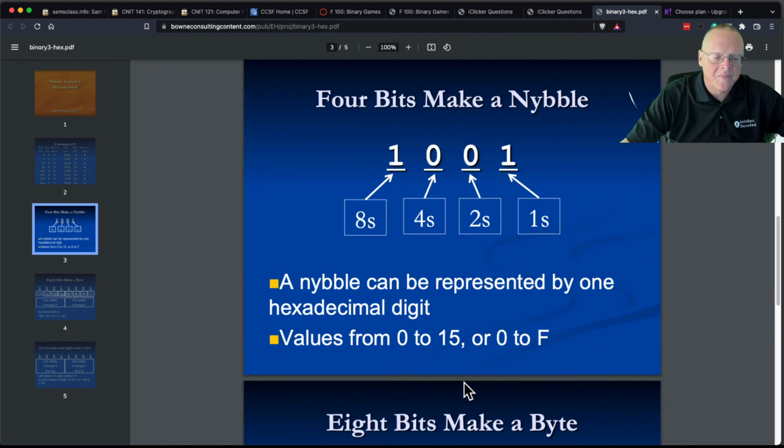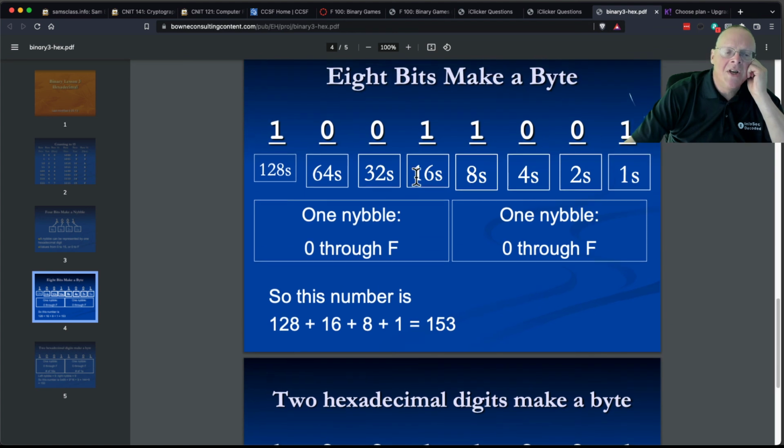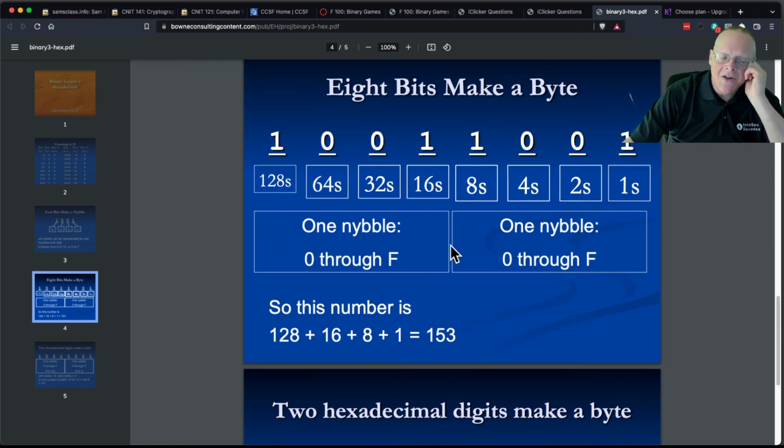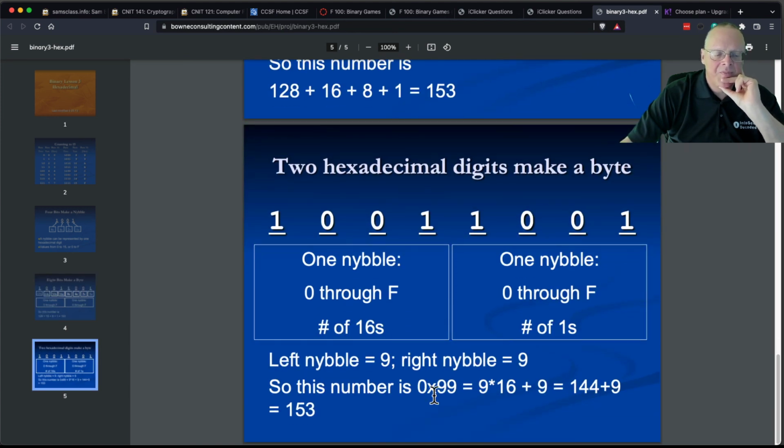Now you can do this much easier. Every byte is 2 hexadecimal characters. You have a left nibble and a right nibble. So this number is 99 in hex. The left nibble, you multiply by 16, that's the number of 16s, and the right nibble is the number of 1s.